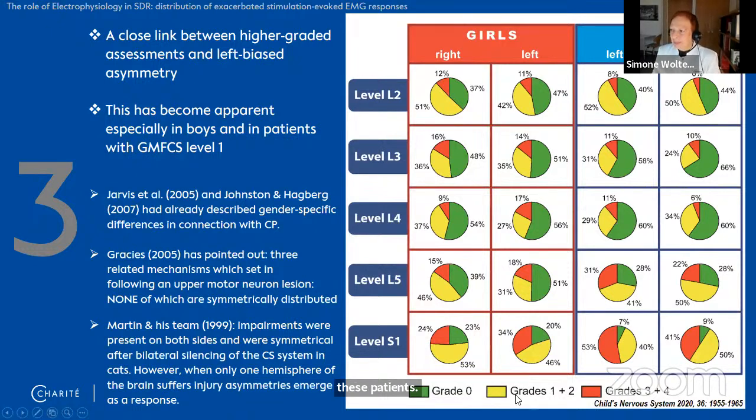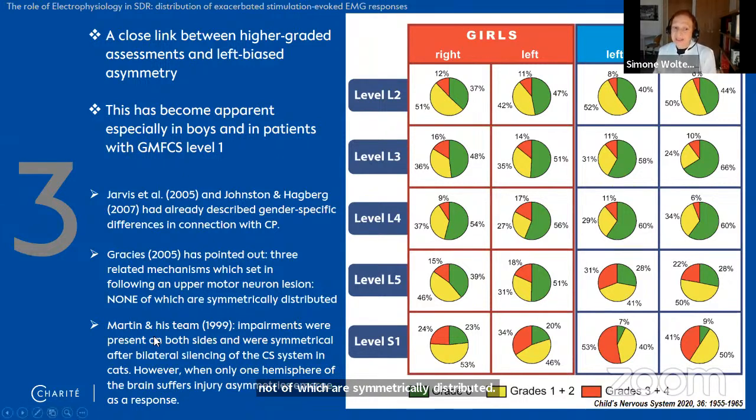A long time before we started our SDR study with EMG responses, others had also described gender-specific differences in connection with cerebral palsy and asymmetries. But they did not look at EMG responses. Graces has pointed out three related mechanisms which set in following an upper motor neuron lesion, none of which are symmetrically distributed.